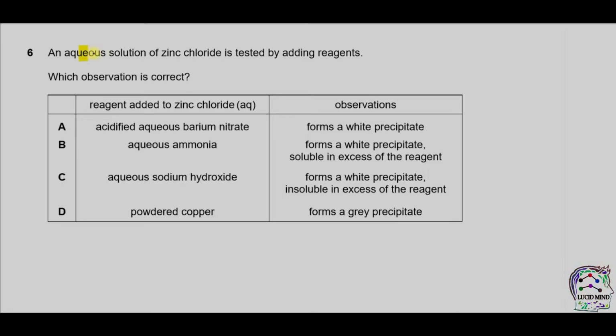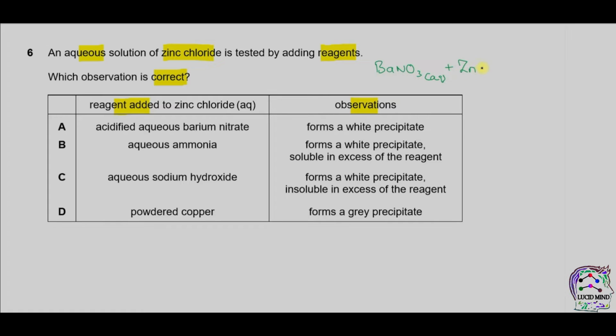Question 6. An aqueous solution of zinc chloride is tested by adding reagents. Which observation is correct? First is the reagent added to zinc chloride and second is the observation. Part A. Acidified aqueous barium nitrate forms a white precipitate. Let's add barium nitrate to zinc chloride. We can see we have barium nitrate, which is soluble, so it is aqueous.